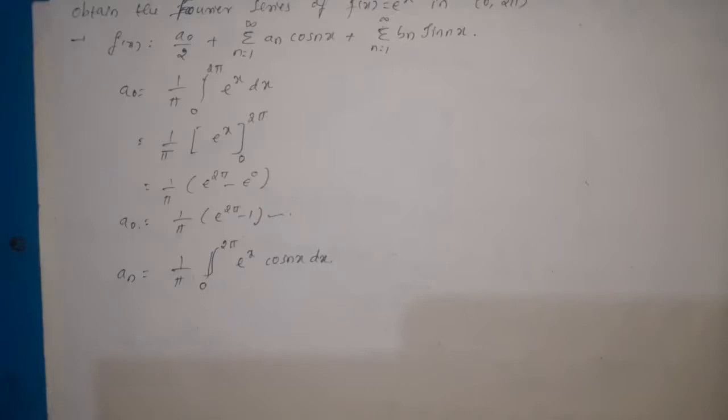But here neither function terminates, because the differentiation of e power x is e power x only, independent of the order of differentiation, and cos nx is also the same. Therefore here we are applying one standard formula.